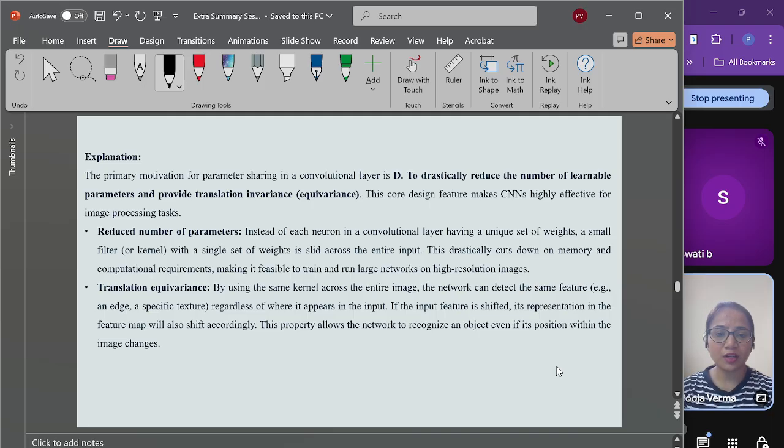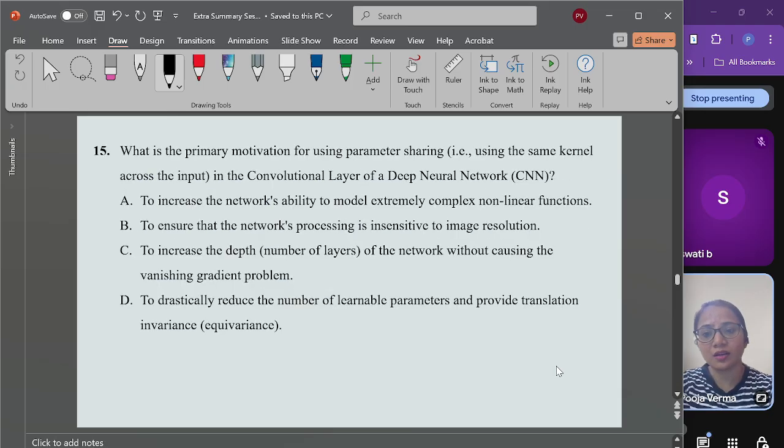This property allows the network to recognize an object even if its position within the image changes. So option D is the correct answer for this question. These are the two primary motivations for using parameter sharing, that is using the same kernels across the input in the CNN.